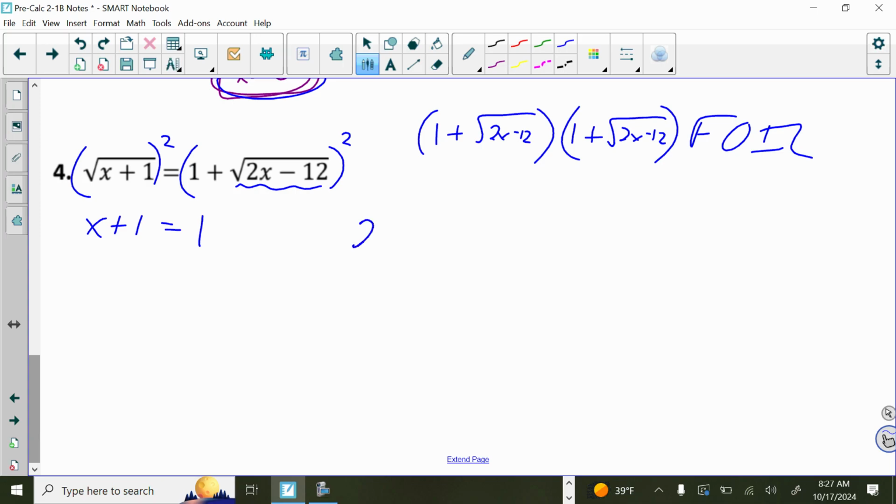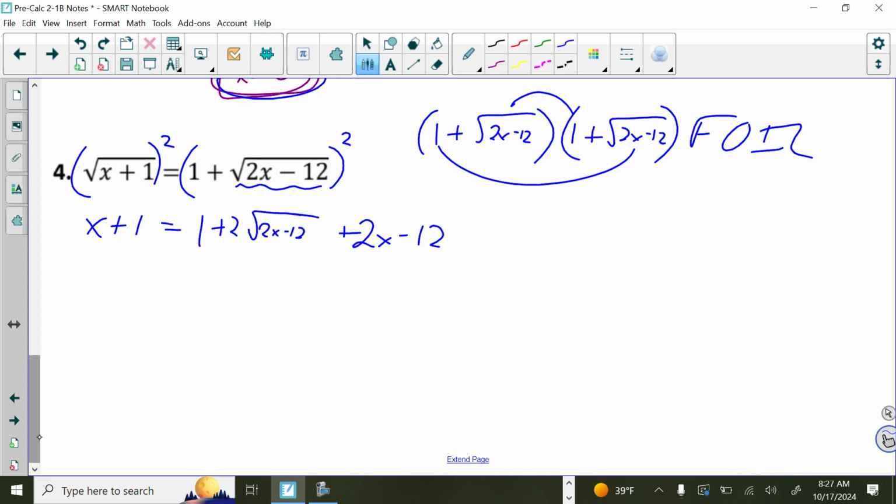So you'll have 2x minus 12, but in the middle, it's where you've got to do this times this plus this times this, the inside and outside terms, which is actually going to give you 2 of those, and we can't really do that math, so it's 2 times the square root of 2x minus 12. So we didn't really succeed in getting rid of all the radicals, but we will eventually.